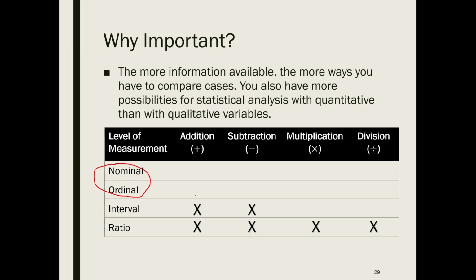You can't run any mathematical operations on them. If you say my name add your name, what's that? It doesn't make sense, right? Like race, white add black, or black add black equals two blacks. It doesn't make any sense. Technically, you can't really explain something like that, right?